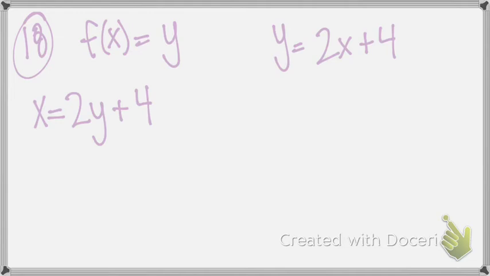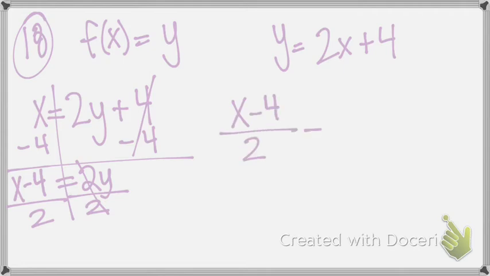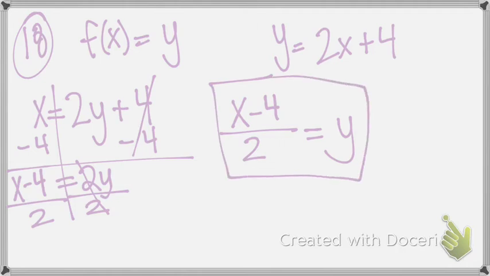Okay? Solve for y. Two-step equation. Subtract 4. We cannot combine x and 4, so we just simply bring it down. To get rid of that 2, we divide it on both sides. So we're left with x minus 4 over 2 equals y. And that is my inverse.